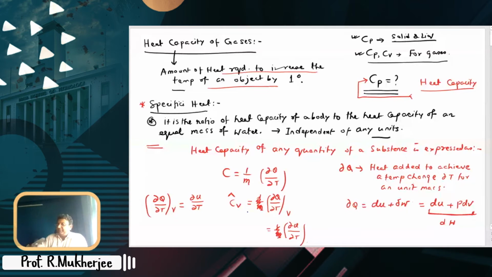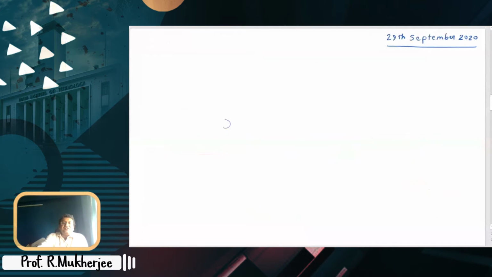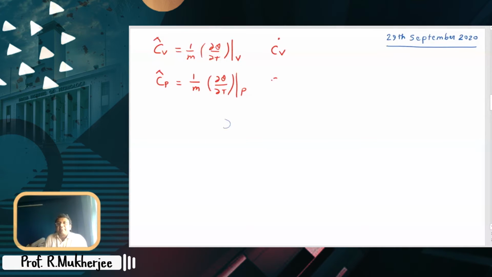It is essentially dQ/dT divided by the total mass M, and under constant volume or constant pressure, we are going to use the notation, at least the book uses the notation, Cv dot, which is 1/M dQ/dT at constant volume, and Cp dot, which is 1/M dQ/dT at constant pressure. Let us use these two notations.